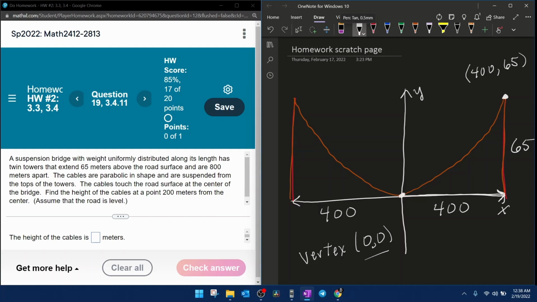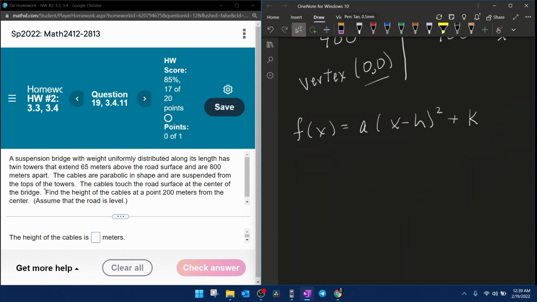If you know the vertex and a point on the parabola, you can construct the quadratic function that represents the parabola.